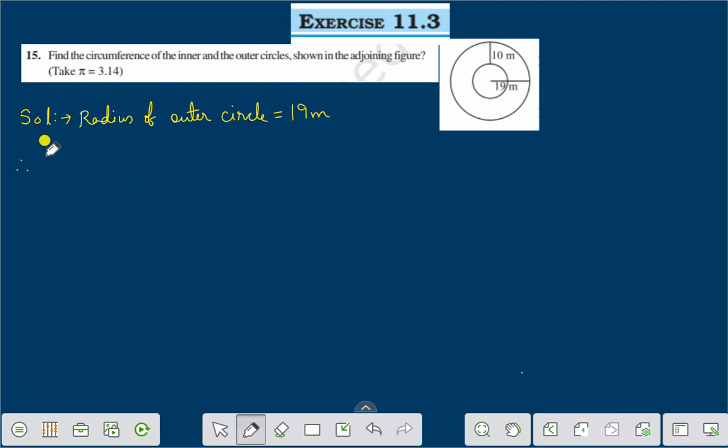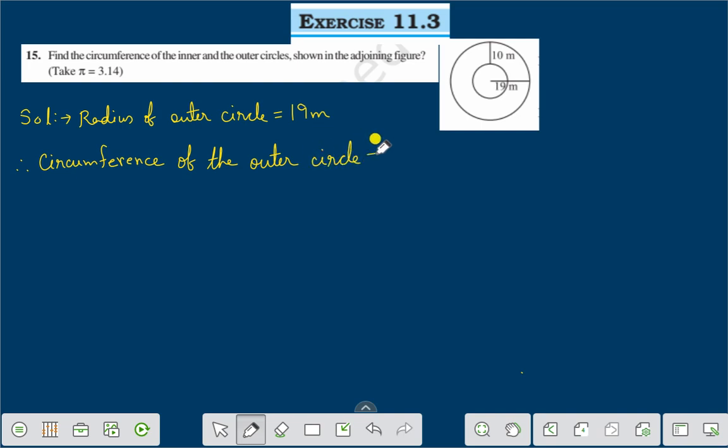Therefore, circumference of the outer circle.